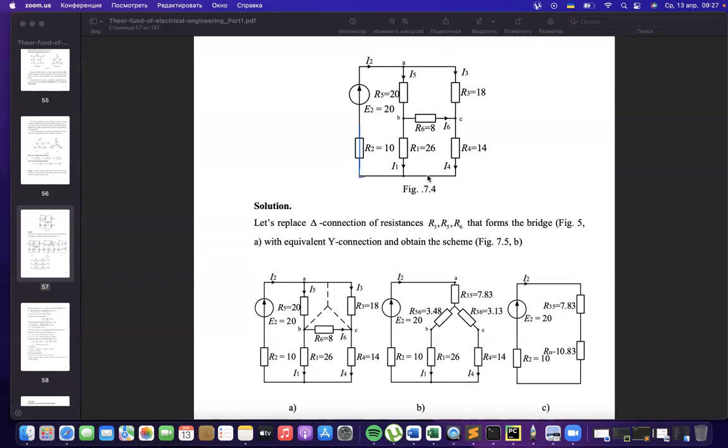Also, you have a star here, the third variant, also with a central point.